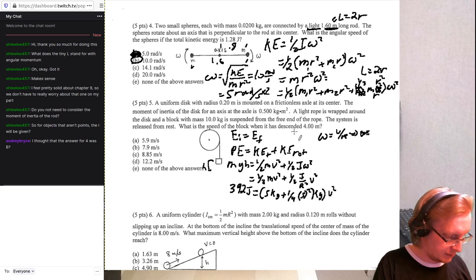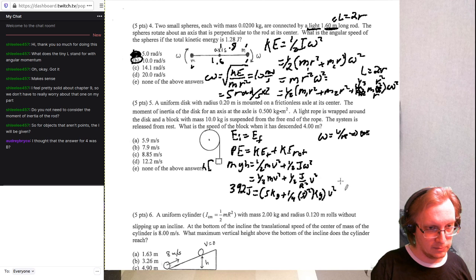So that works out to 5 plus 5 squared over 4, which is 11.25 kilos of velocity squared.